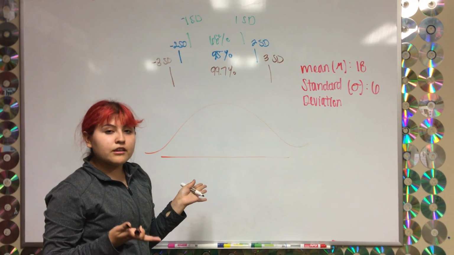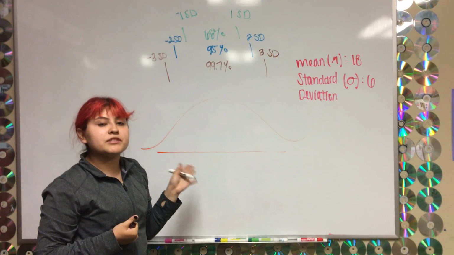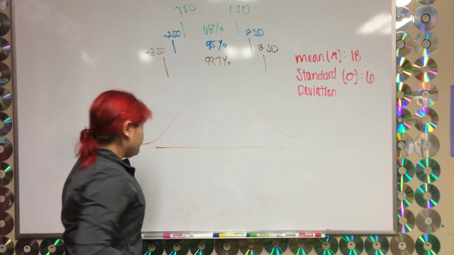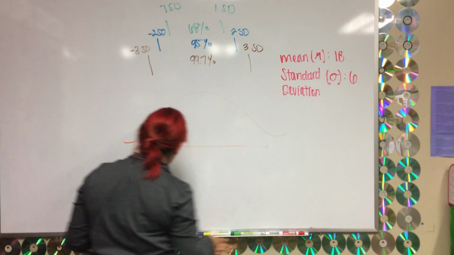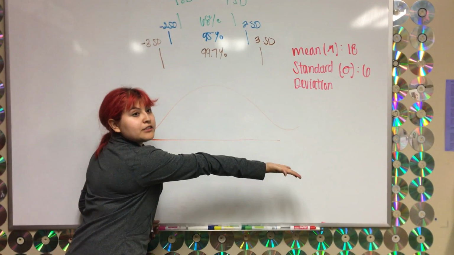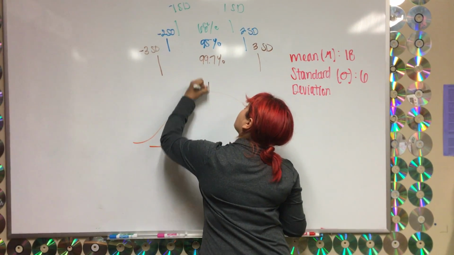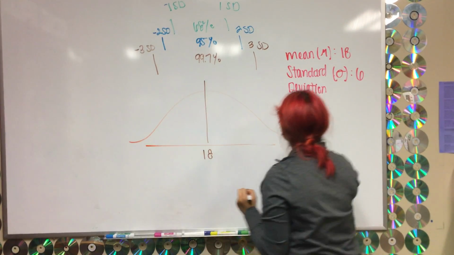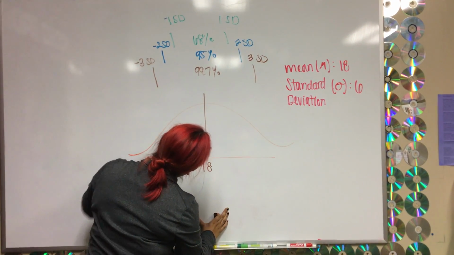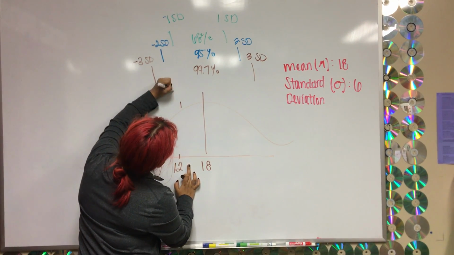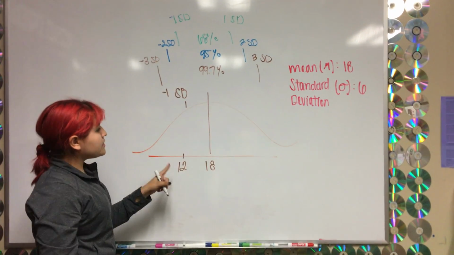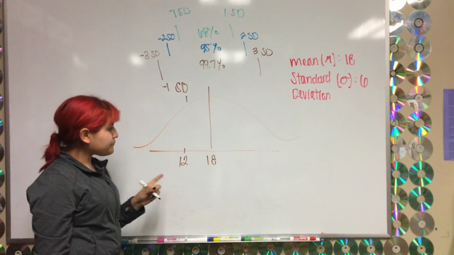Now that we know what the 68%, 95%, and 99.7% rule means, we can find our information. So, I will use brown. Our normal distribution, if the mean is 18 with a standard deviation of 6, that means 12 would be right here, and that is -1 standard deviations to be exact. 12 is -1 standard deviations away from the mean.